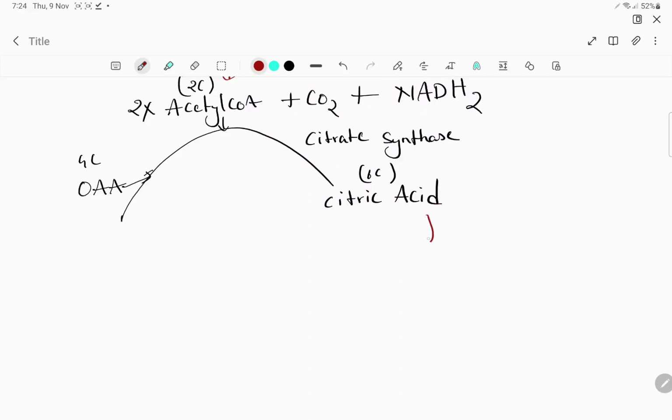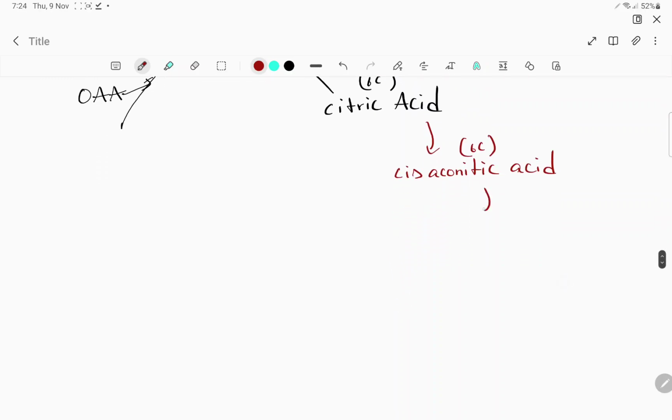Now afterwards the citric acid is converted to cis aconitic acid. This is also a 6 carbon compound. Cis aconitic acid is converted to isocitrate. This is also a 6 carbon compound. Isocitrate is converted to alpha ketoglutaric acid.